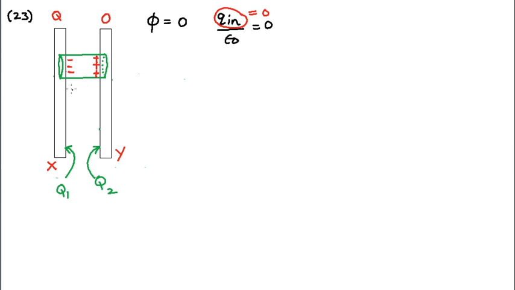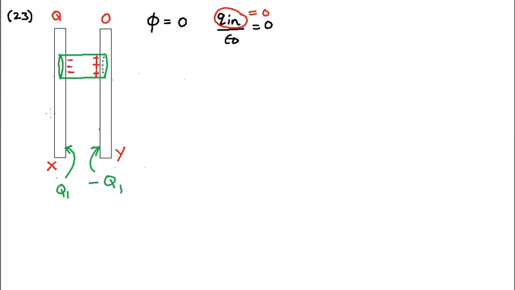So whatever be the case, it essentially means that Q1, the total charge on this face, would be the negative of Q2, which is the total charge on this face. And so instead of writing the charge on this particular surface as Q2, I can get rid of one variable Q2 and instead I can write it as minus Q1.